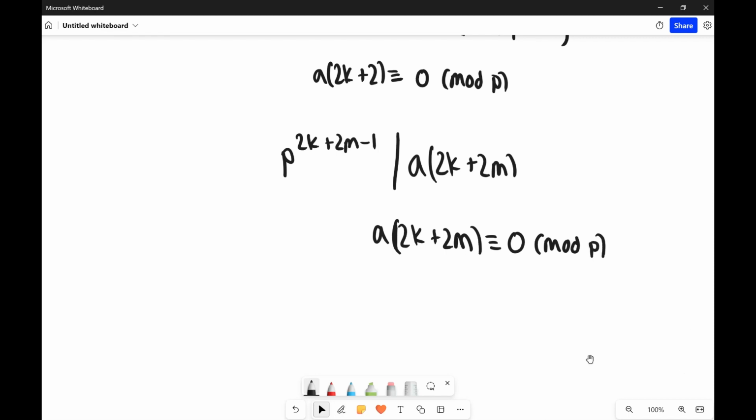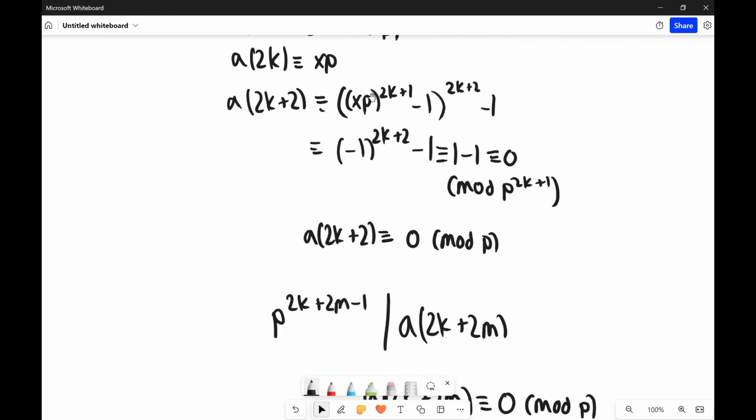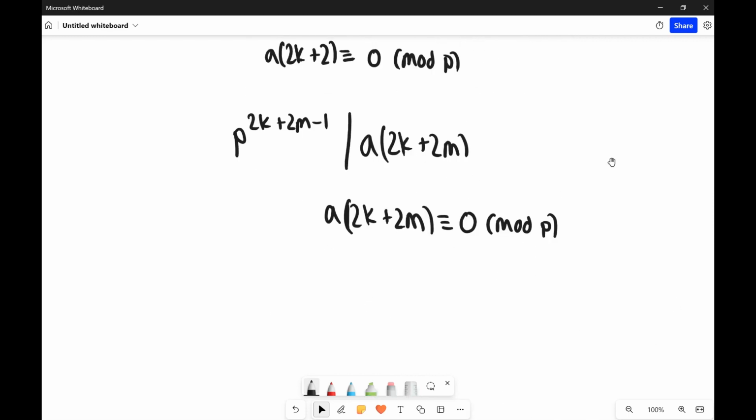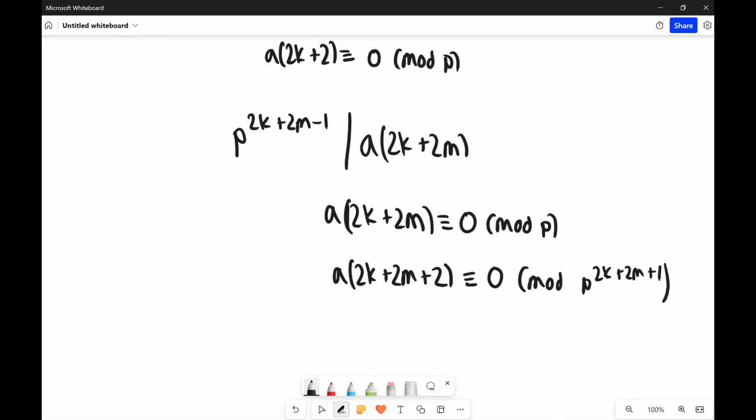Then applying what we've just shown, by increasing this by 2, we get that this is equivalent to 0 mod p to the power of this thing plus 1, which is 2k+2m+1. And since 2m+1 is 2(m+1) - 1, and 2m+2 is 2(m+1), we've proven our claim using induction.